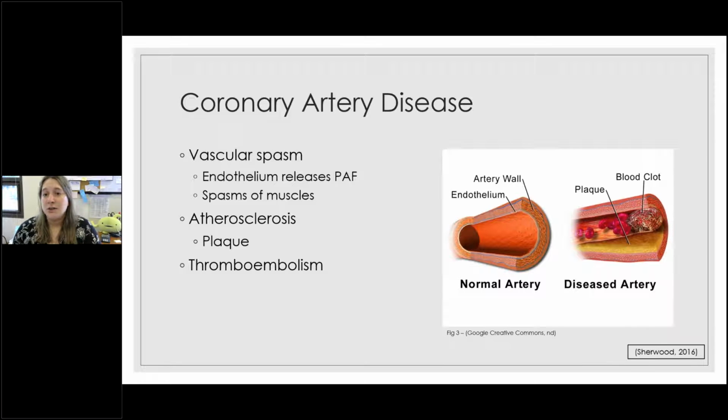The final factor of CAD is thromboembolism. This is an effect of atherosclerosis, where the plaque ruptures or breaks through the endothelium and can trigger the formation of clots. During a rupture, the collagen-rich innards attract blood platelets and begin clotting the vessel. These clots are called a thrombus.